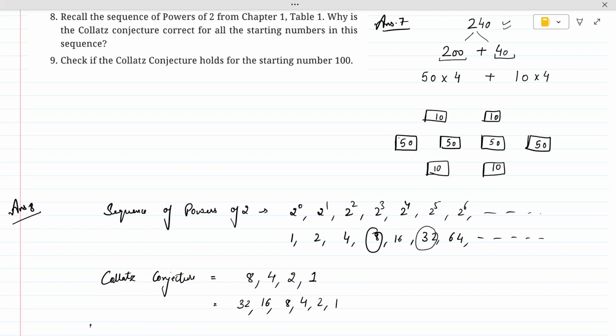So I'm writing it here: power reduces with each division by 2 and makes it near to 1.